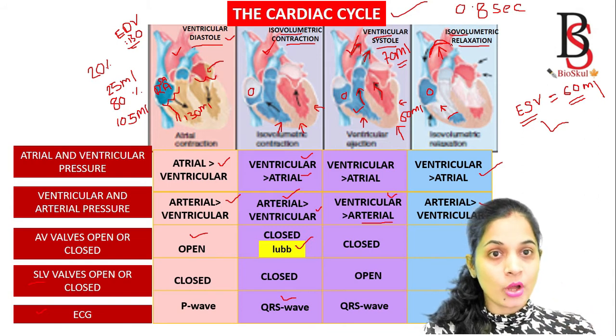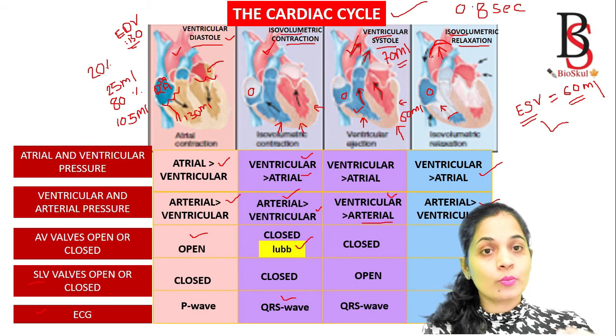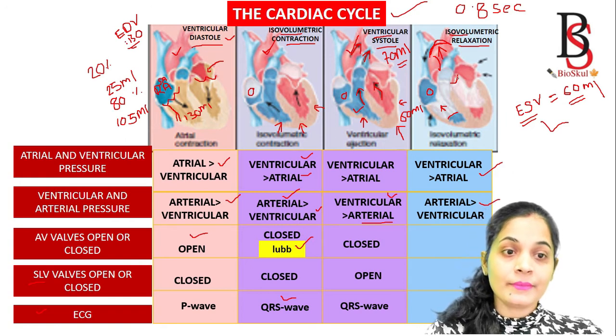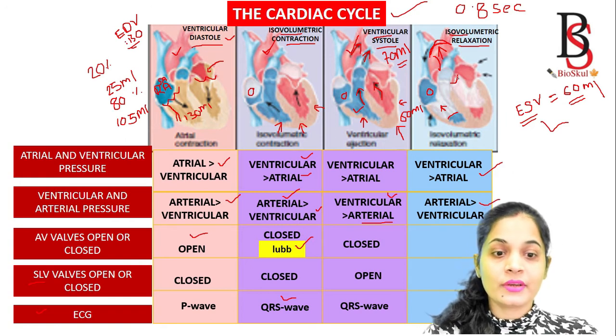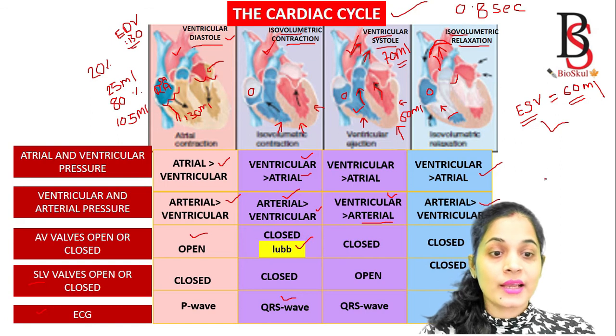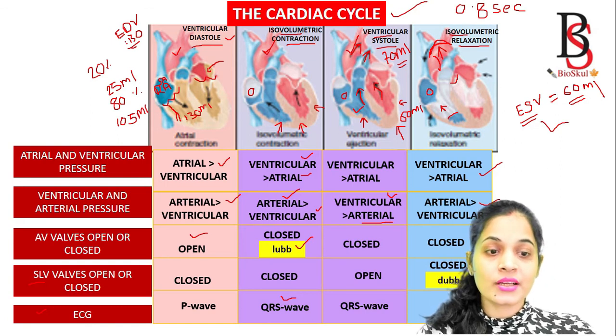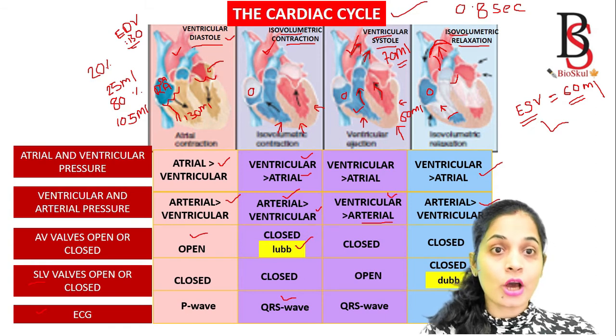But some of the blood will try to move back to the ventricles. But at that time, the semilunar valve will get closed. When the semilunar valve gets closed, it will produce a sound. That sound is called dub. Dub is the second heart sound.